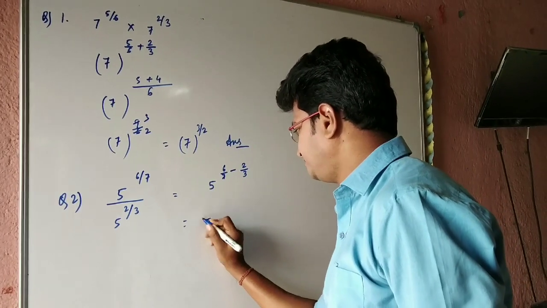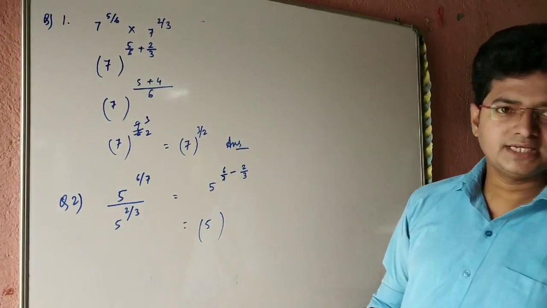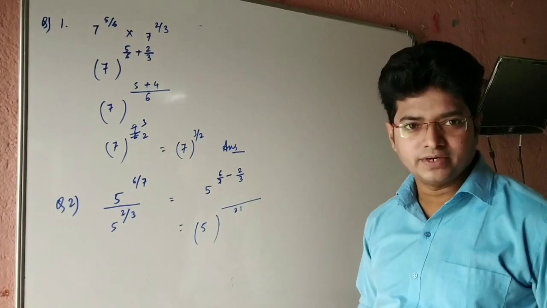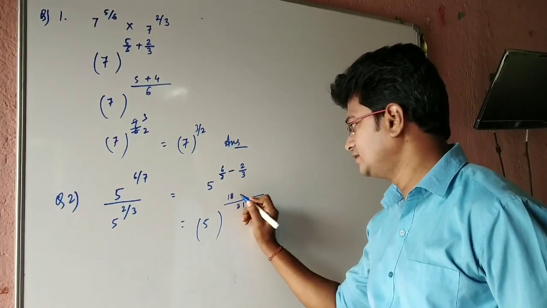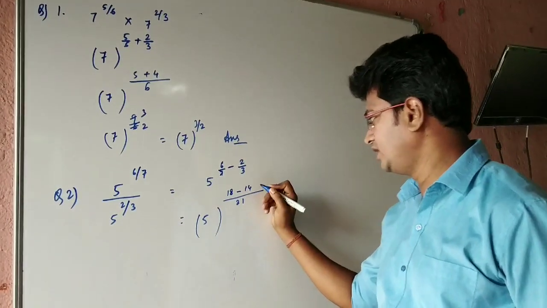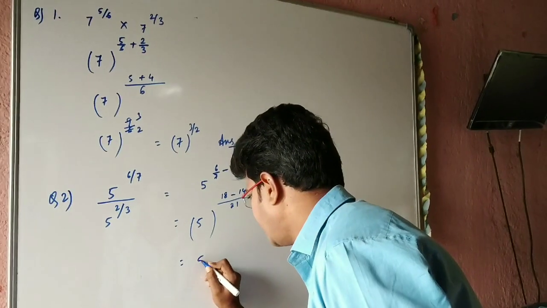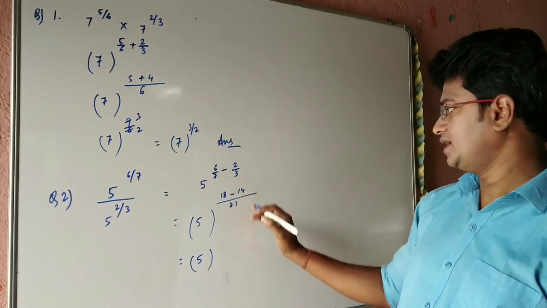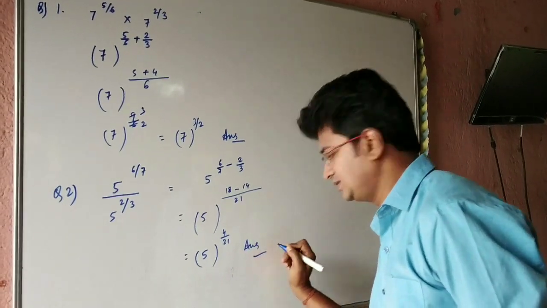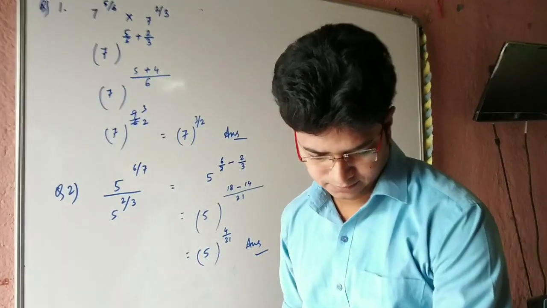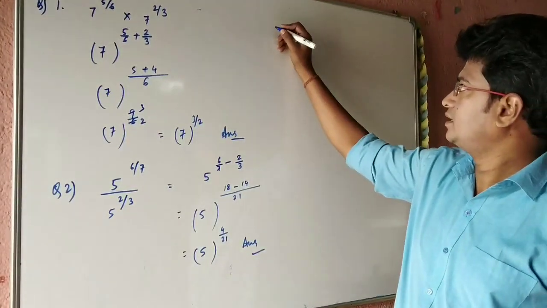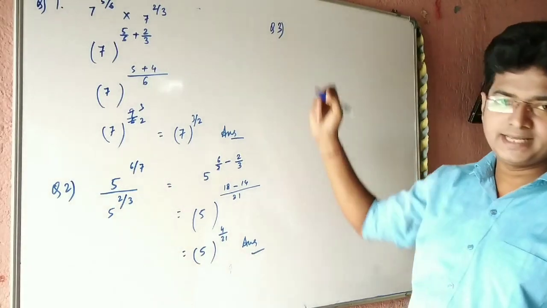The LCM of 7 and 3 will be 21. 7 3s are 21. 3 into 6 is 18, minus 7 into 2 is 14. So here 5 to the power 18 minus 14, you are getting 4 by 21. So this becomes your answer. In the same way, this is the next question.